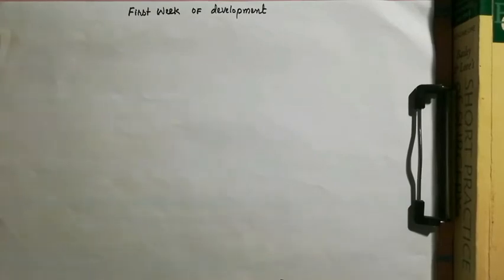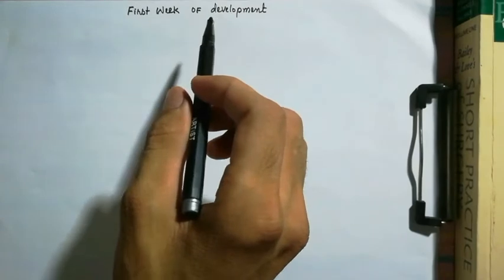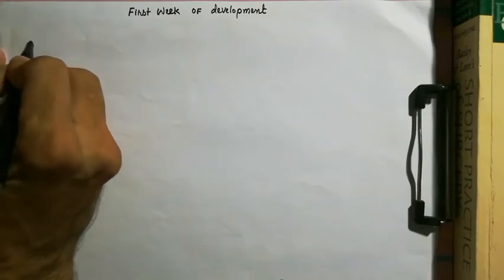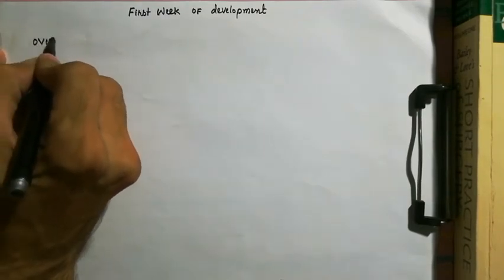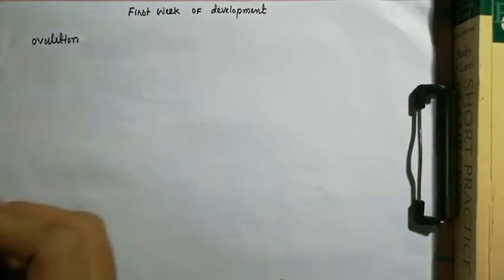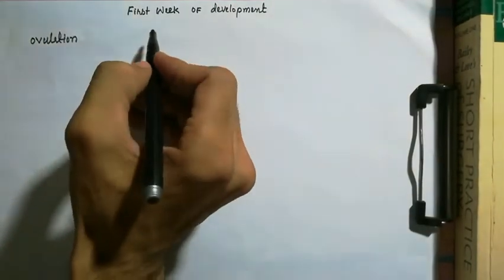In this video, I start discussion on first week of development. First week of development begins at the time of ovulation and at last day of first week, embryo is implanted in uterus.